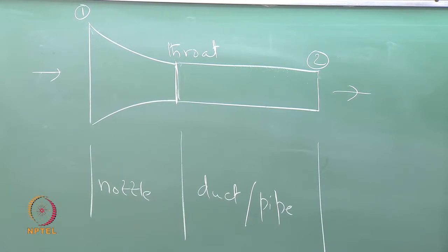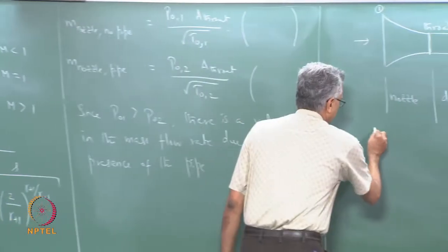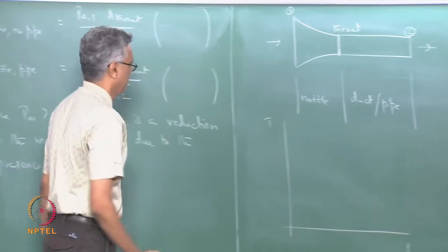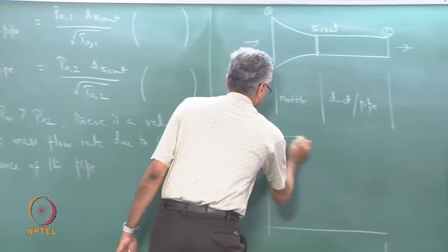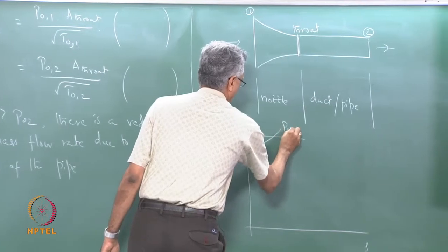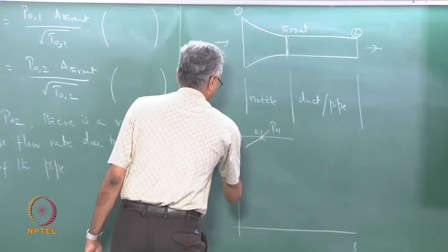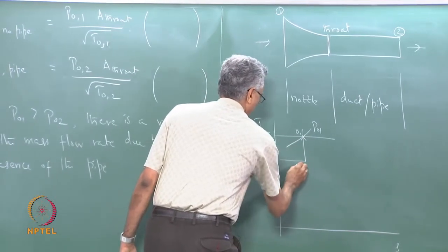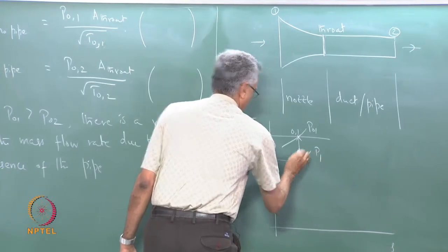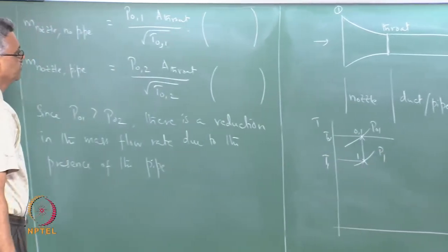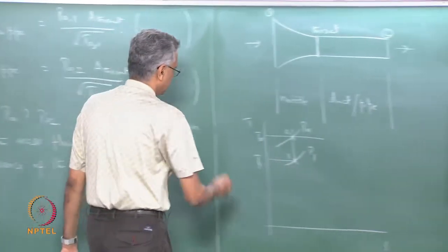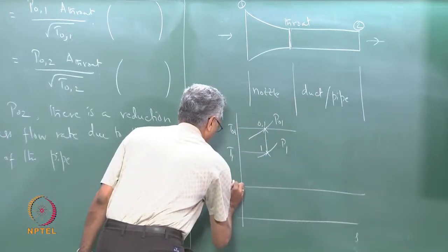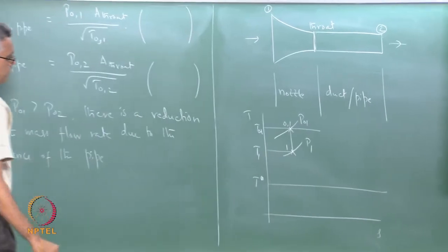So, if I sketch the process curve for this situation, then the TS diagram would look like this. So, this is state 1, this is T01 and let us say this is T star corresponding to T01.